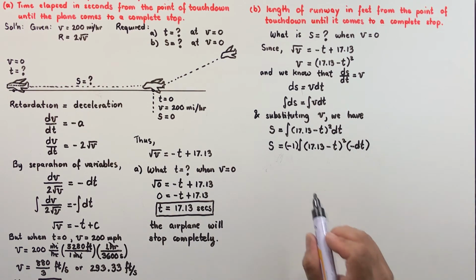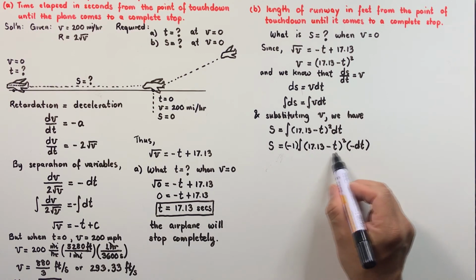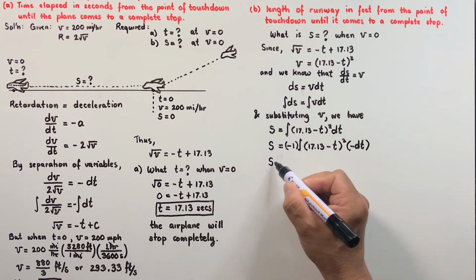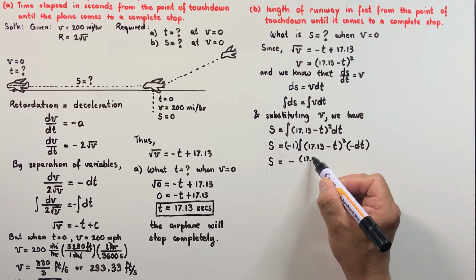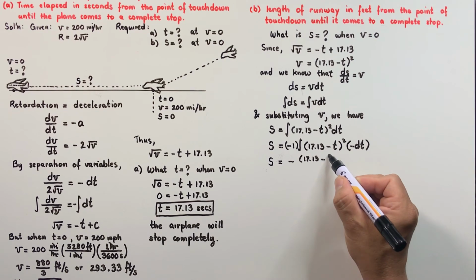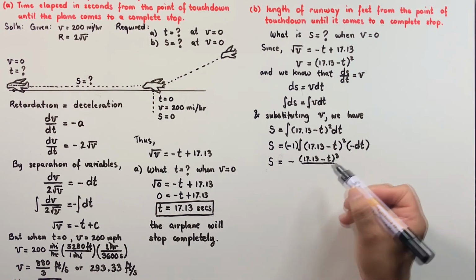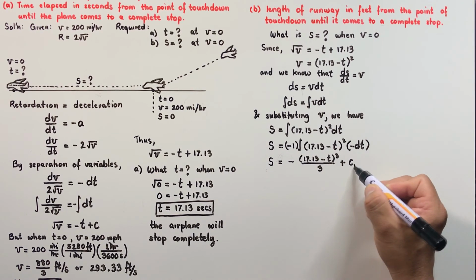So as if I have done nothing to the original expression, so that I can integrate this one, because if this is our u, the du must be here. So to integrate, we have the cube of this 17.13 minus t, because we need to add 1 to the exponent, divided by 3, plus the constant of integration c sub 1.